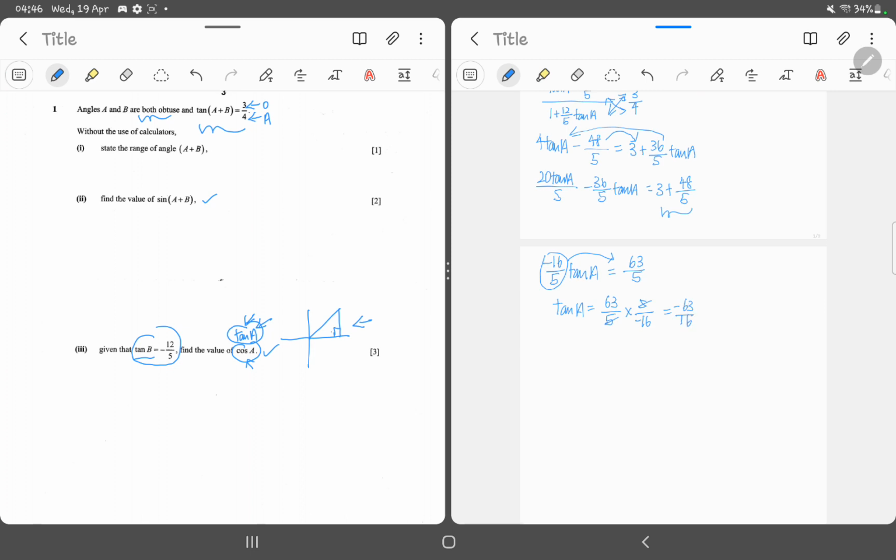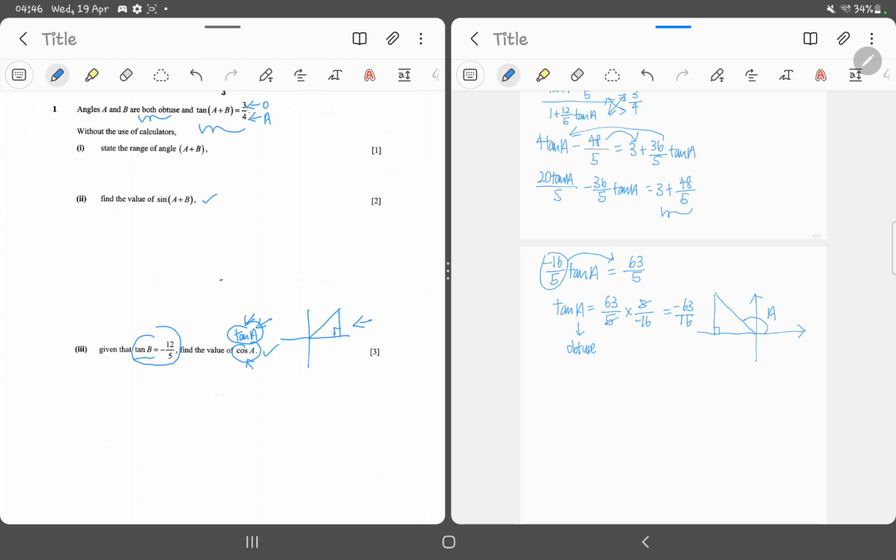Okay, now using this information and knowing that angle A over here is obtuse as given by the question, we can know that in the ASTC diagram, the straight line, we will draw it in the second quadrant because angle A is the obtuse angle.